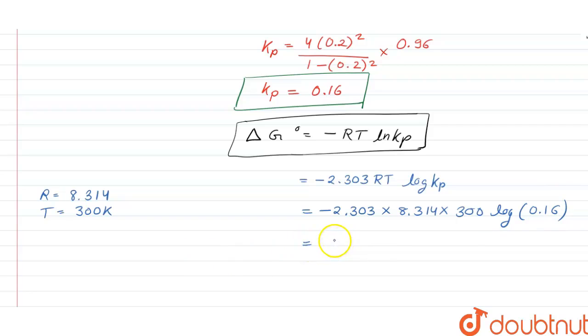So let's calculate it, and this will give us the value 4.595, in negative sign, kilojoule.